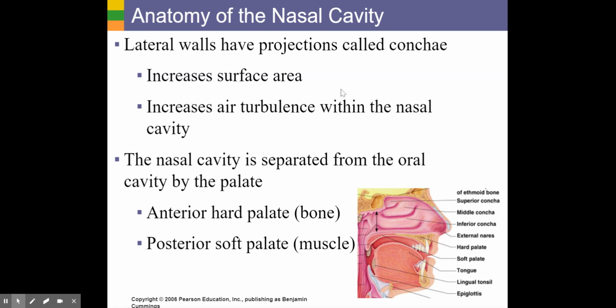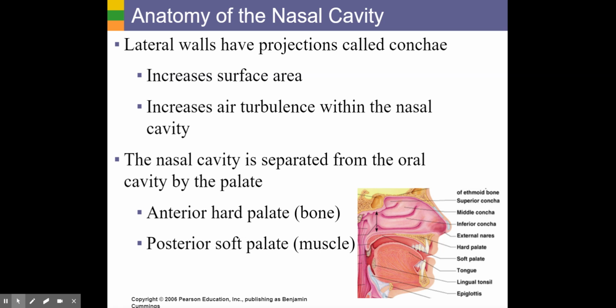The other thing they also do is they increase the air turbulence, so they don't provide a smooth entrance of air. They allow that air to mix within the nasal cavity, which causes some of those larger particles of dust, pollen, and bacteria and viruses to fall out inside of the nose and be trapped.